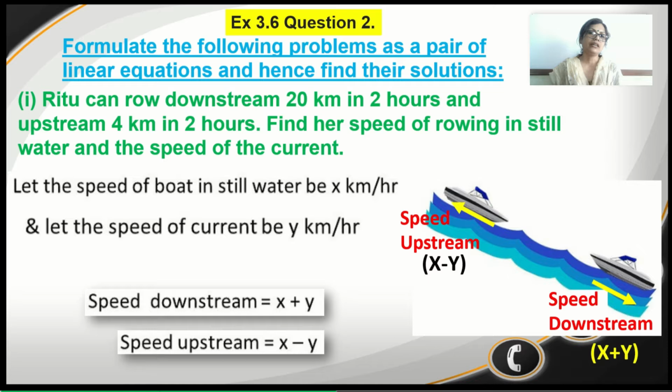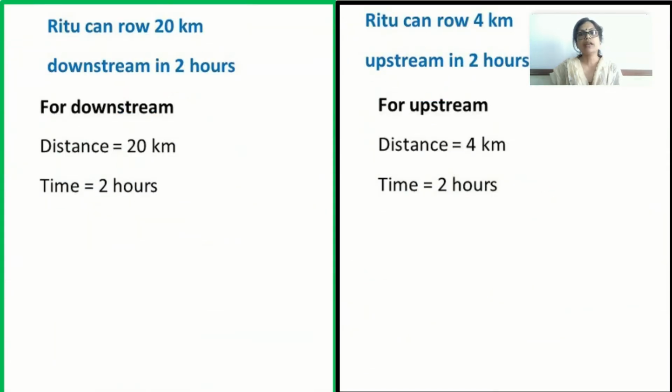So the first condition, what is given to us? Ritu can row 20 km downstream and the time is given to us. Distance is given, time is given, and speed we have taken as x plus y as the downstream speed. So we have written distance, we have written time as 2 hours, and speed downstream as x plus y.